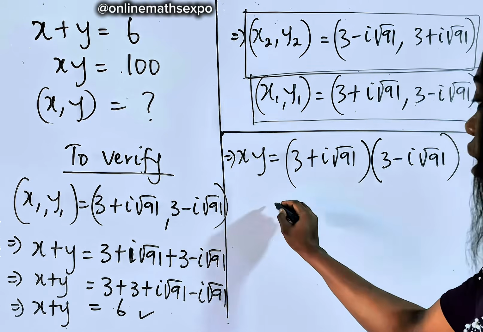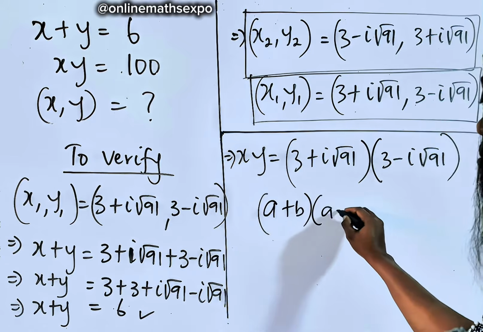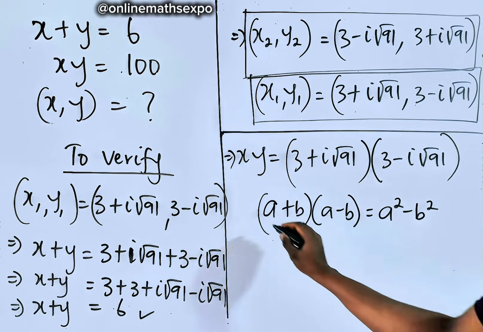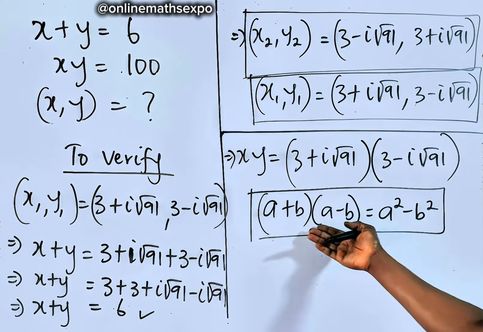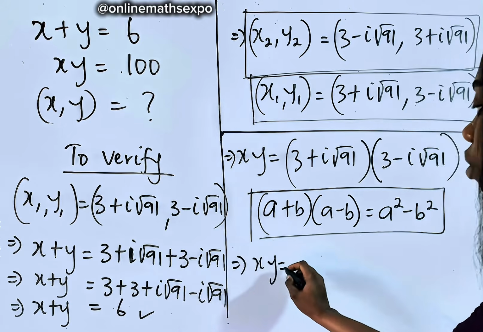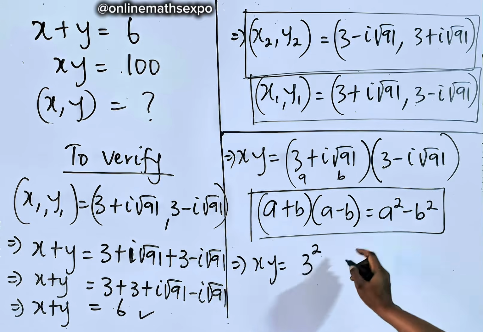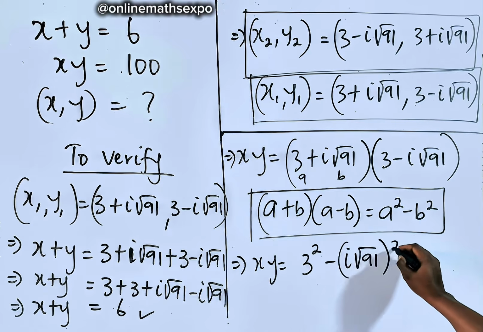Just quickly remember, for every a plus b into a minus b is always a squared minus b squared. So we're going to apply this. You see that this is of this form, so this is our a and b. So we have 3 squared minus i root 91 squared.